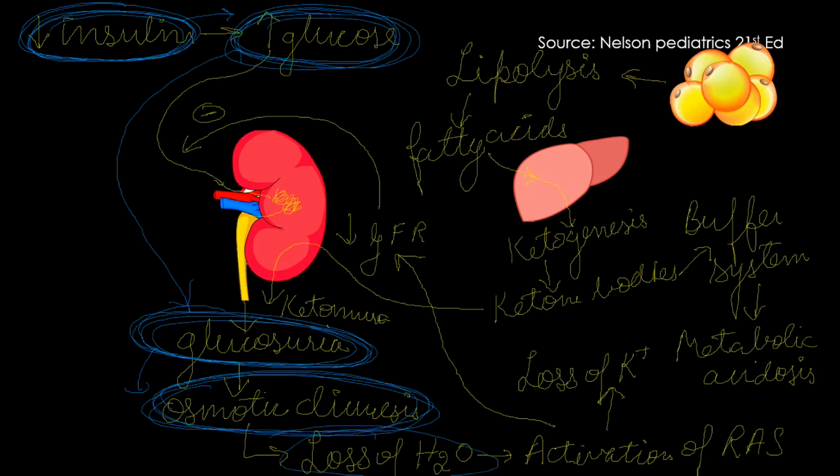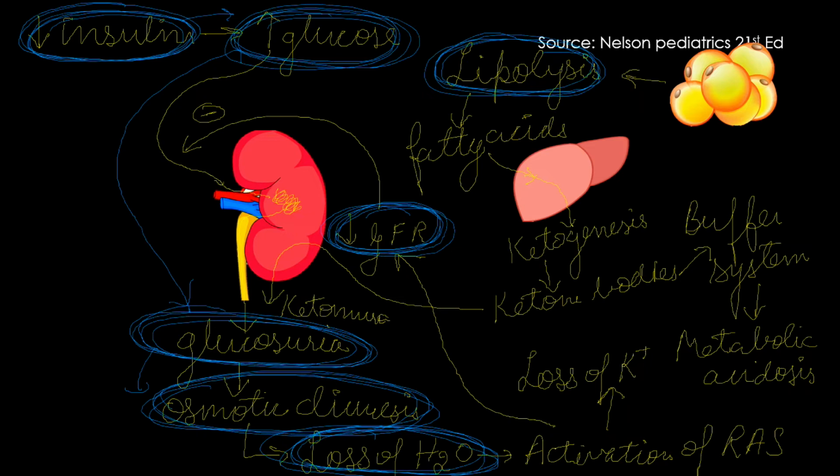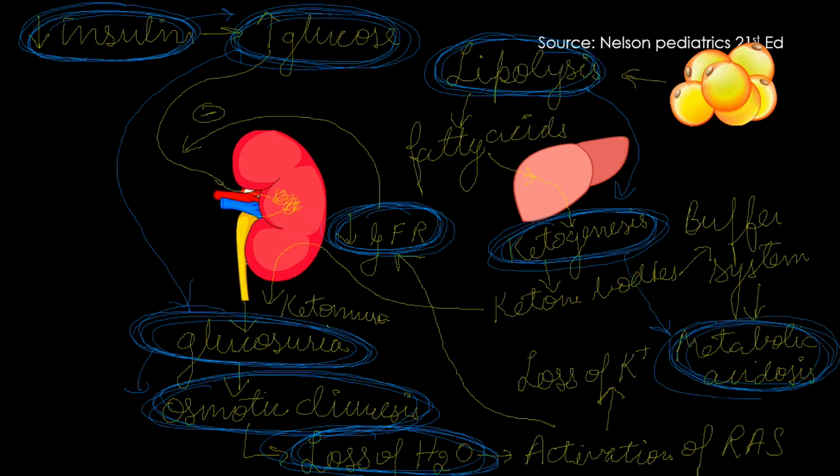Second aim is to increase the GFR and decrease the loss of water. We also have to decrease the lipolysis, which would ultimately decrease ketogenesis, which would ultimately improve metabolic acidosis. With the decrease in ketogenesis, there would also be decrease in ketonuria.